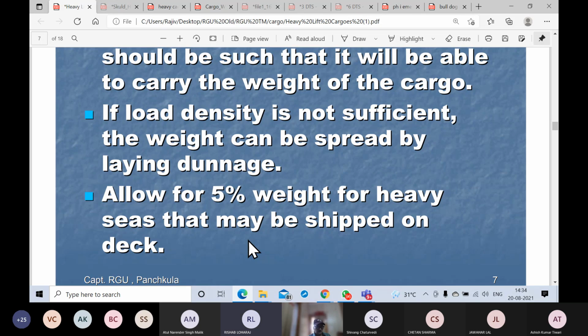Yes, sir. As a layman, what is the difference between weather tight and water tight? Sir, weather tight is above waterline and watertight is below waterline, like summers. In both the cases, water is not allowed to get in, whether weather tight or water tight. But in weather tight, it is allowed to come out.